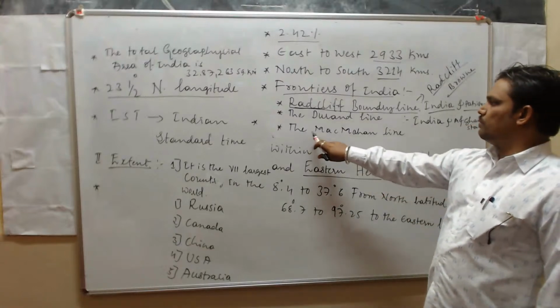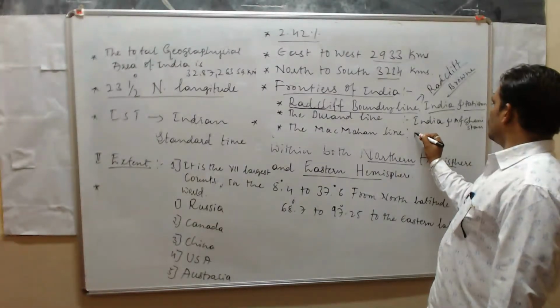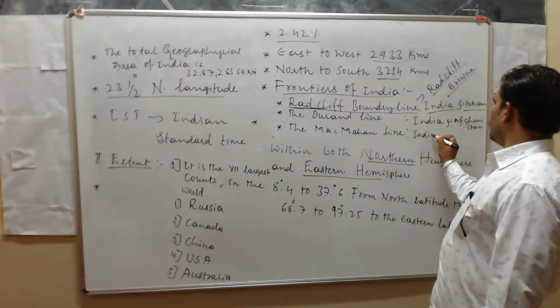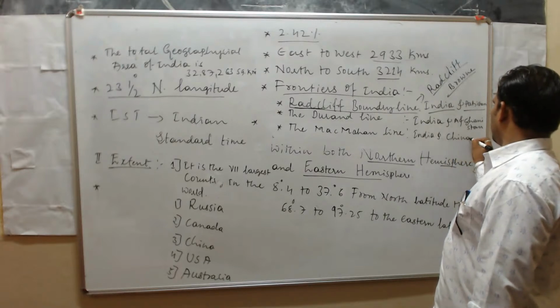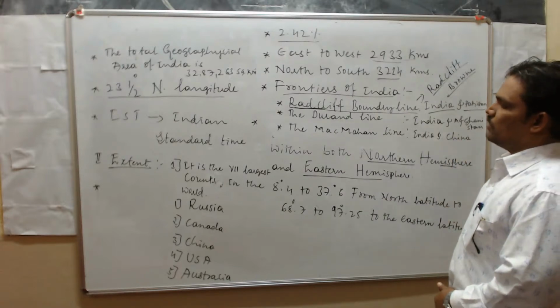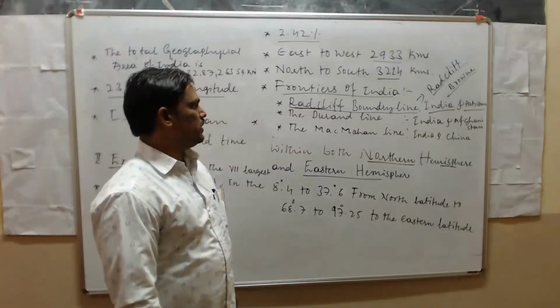Next, the McMahon borderline, which lies in between India and China. These are the three important frontiers of India.